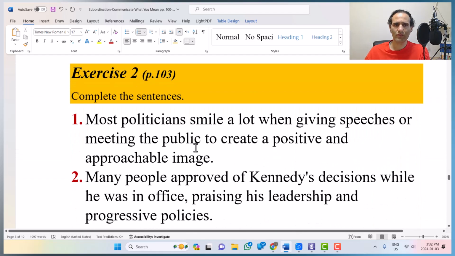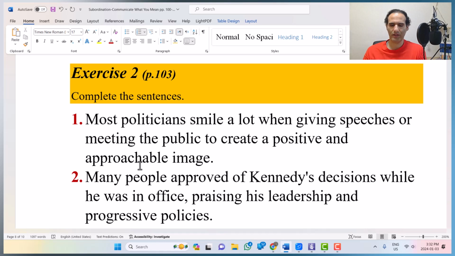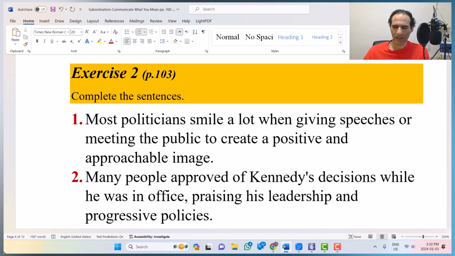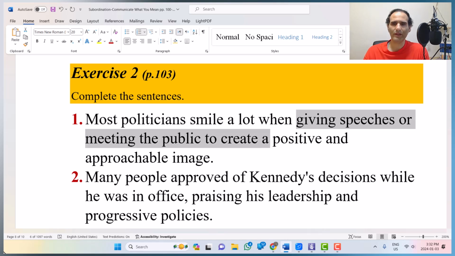Exercise 2, again page 103, complete the sentences. This is a very beautiful exercise. I like these exercises whereby you're supposed to generate your own ideas rather than matching just a bunch of sentences together. So my suggestions here, most politicians smile a lot when giving speeches or meeting the public to create a positive and approachable image.